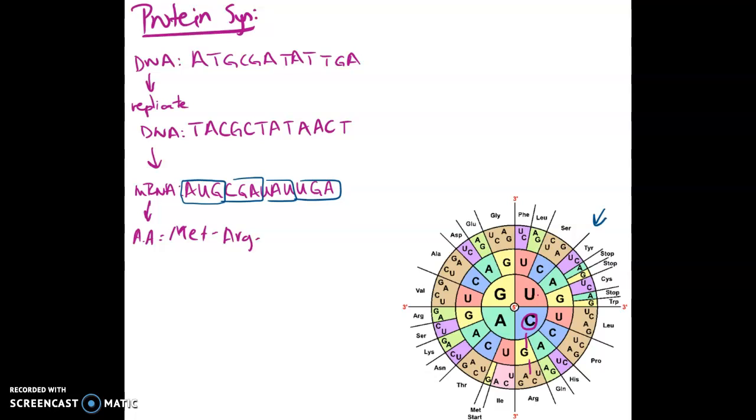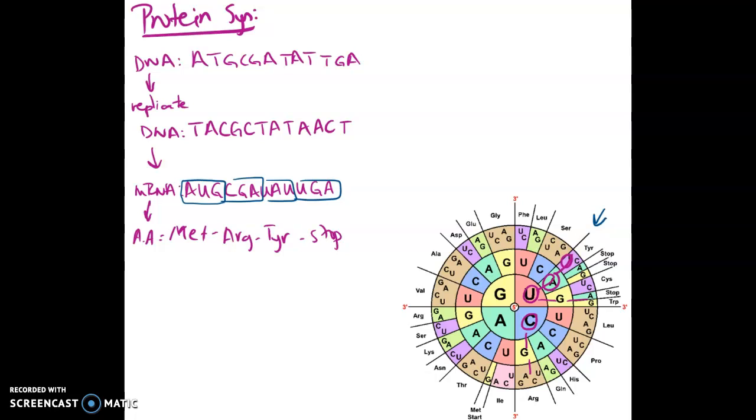U, A, U is going to be tyrosine. And then UGA is going to be stop. Right? And that is the whole process of protein synthesis.